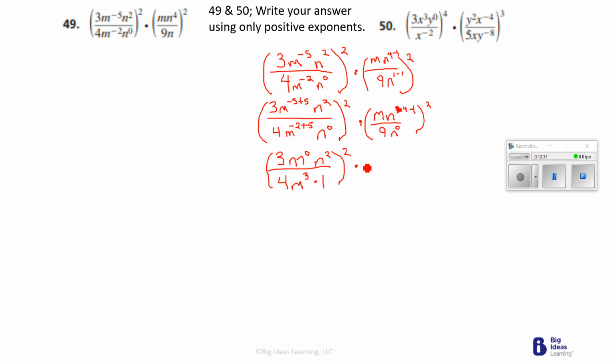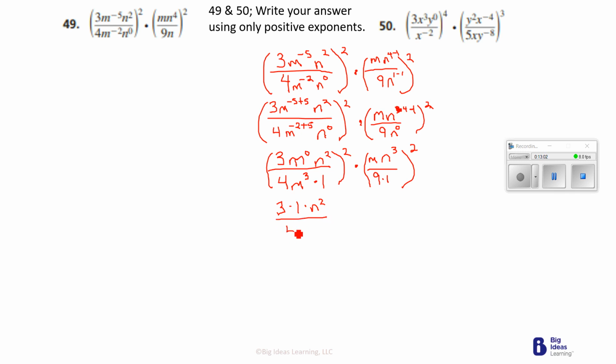Multiplying this all to, well, this was m to the n, 4 minus 1 was 3, n to the third power. We said n to the 0 power is 1, so it's 9 times 1. And then we're putting this to the second power. Okay, this is like 3 times 1, because n to the 0 power is 1, times n to the second power.